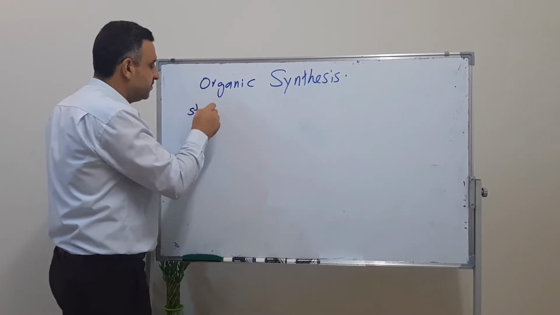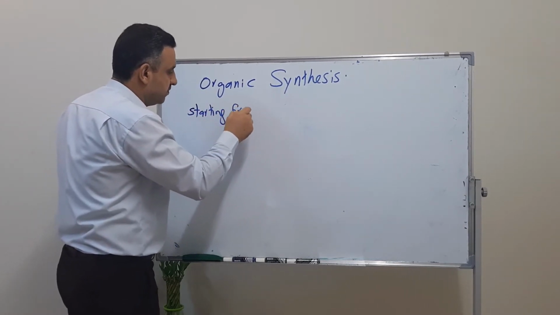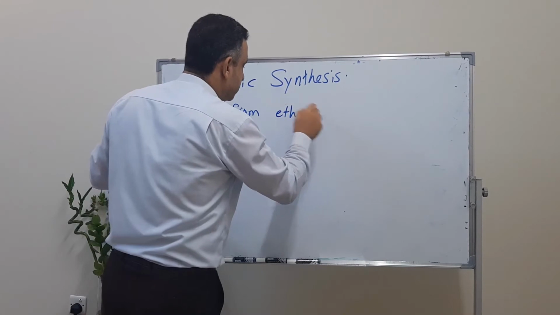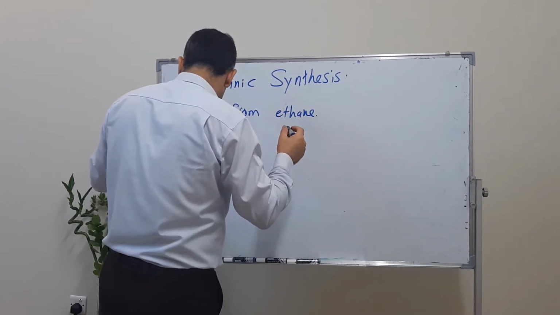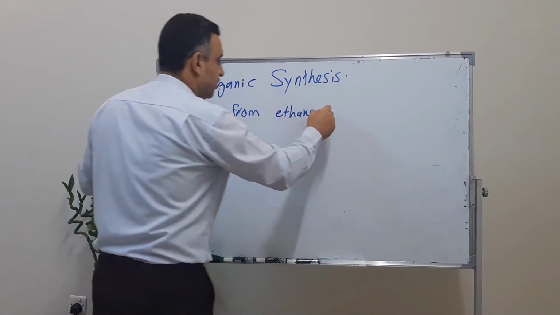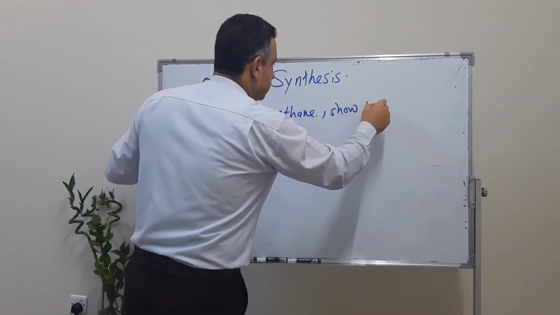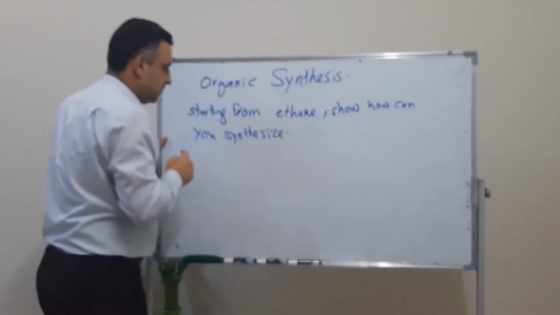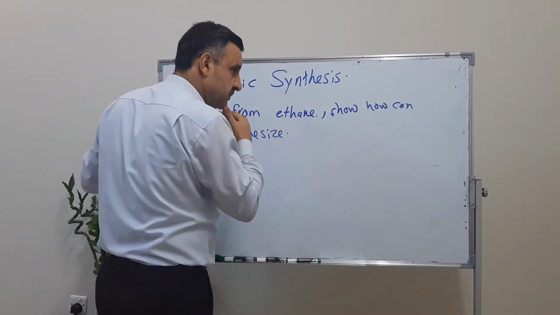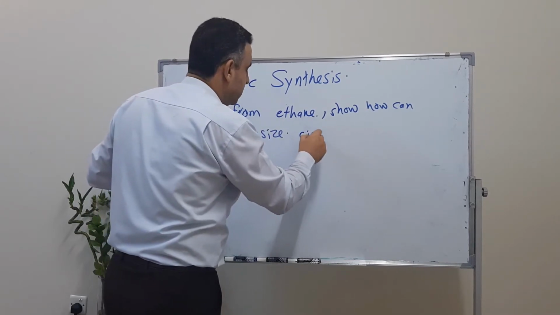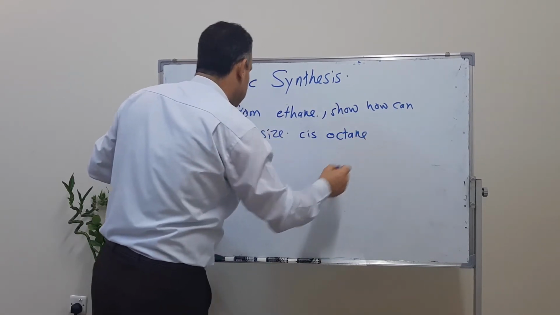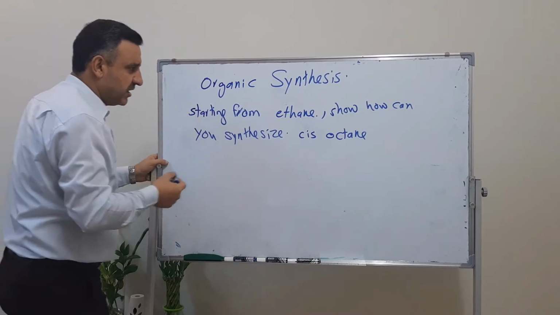Starting from ethane, how can you synthesize, let's say, cis-octane? And another example, for example, cis-octane. Okay, that's it.